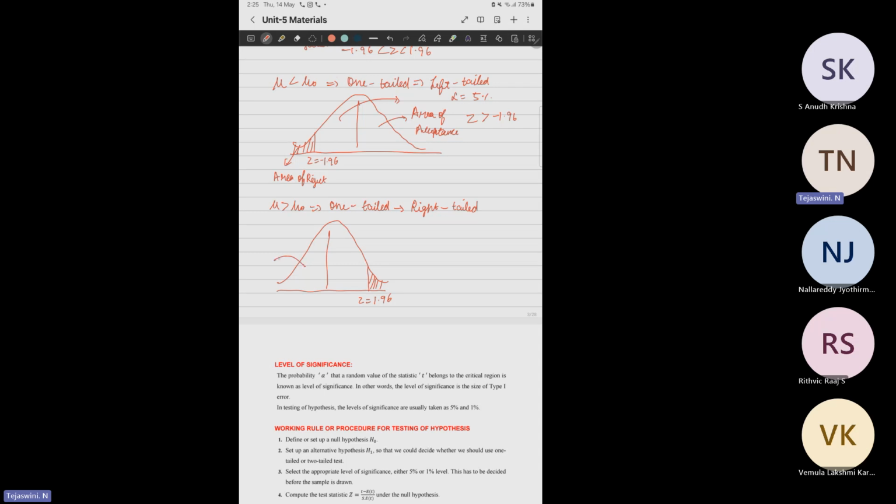So this will be the area of acceptance. So basically, if our z value is less than 1.96, we'll accept our null hypothesis here. Otherwise, we'll reject h0 and then we'll accept h1.